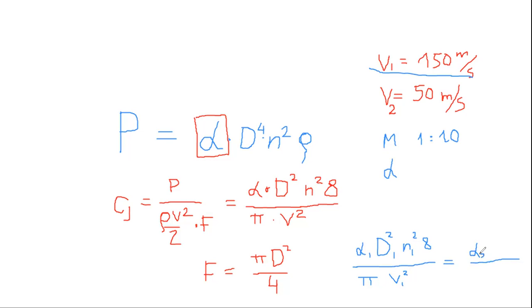And this formula with subscript 2: 1 for real flight, it's real, and 2 for the wind tunnel.